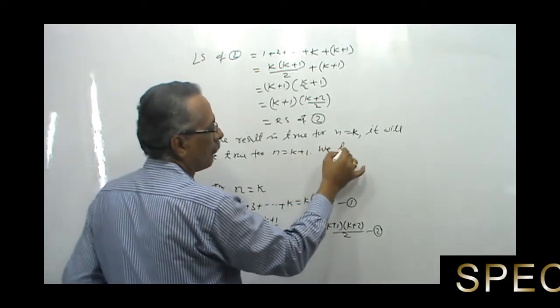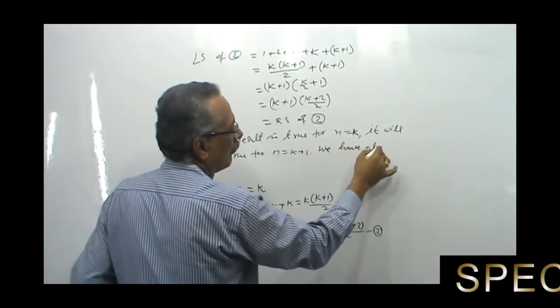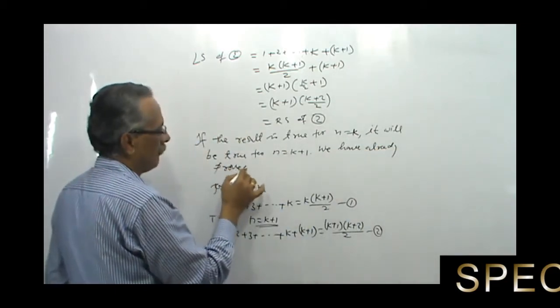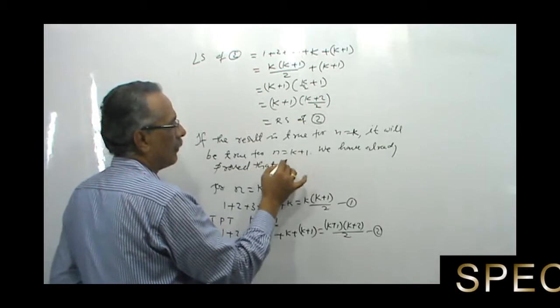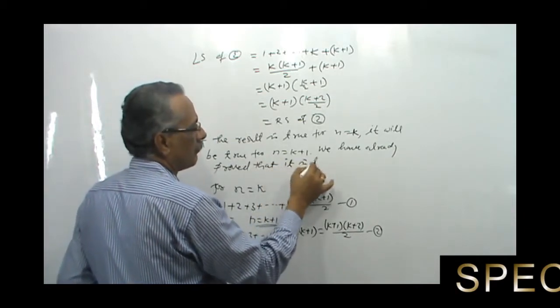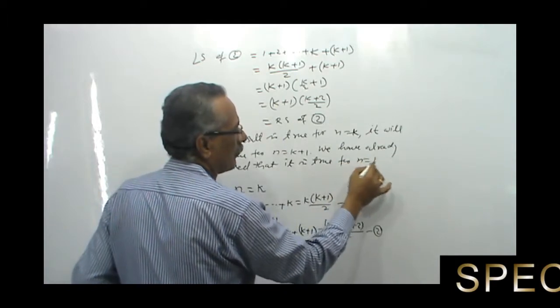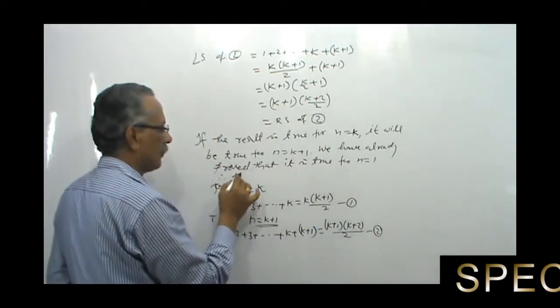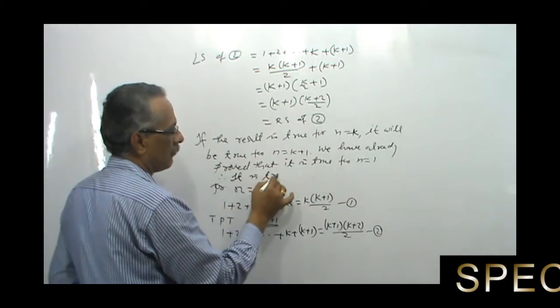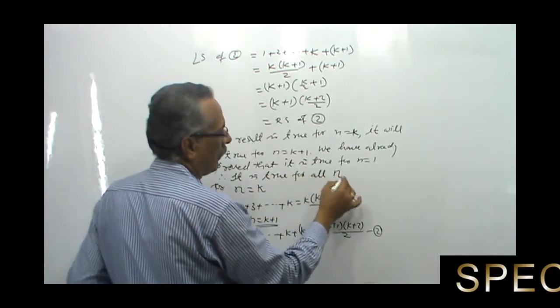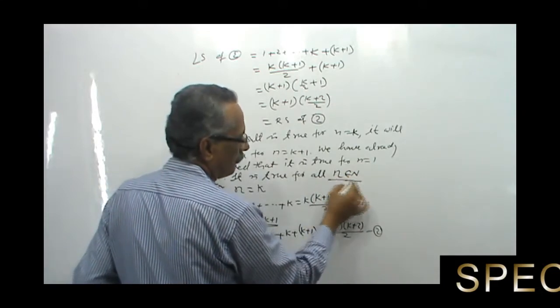We have already proved that it is true for n is equal to 1. Therefore, it is true for all n.